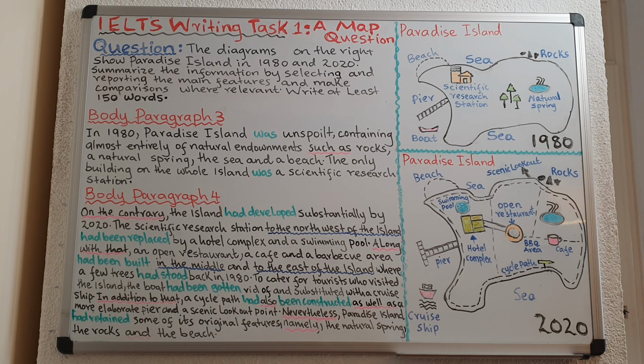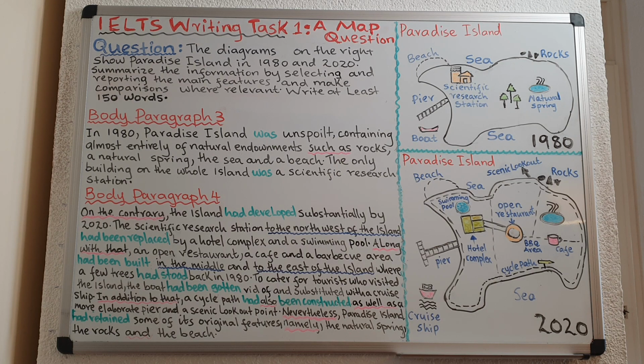All the words that are underlined in pink are linking words that have helped me to identify the main features of the two diagrams, but also to compare and contrast them. That is, talk about the differences and the similarities between the two islands in 1980 and 2020. So there you go. That's how you're supposed to answer this question if you want to score a band 9.